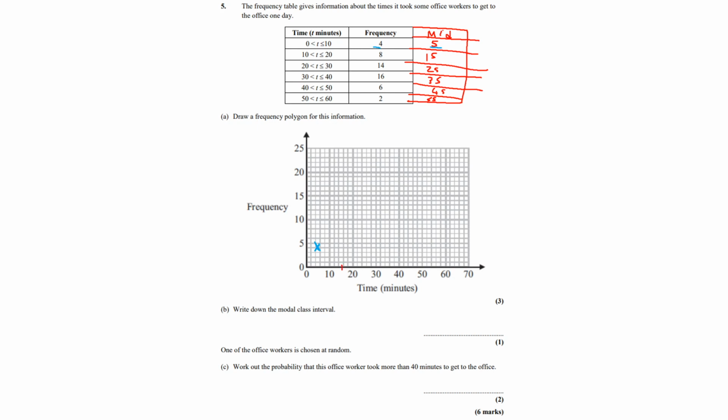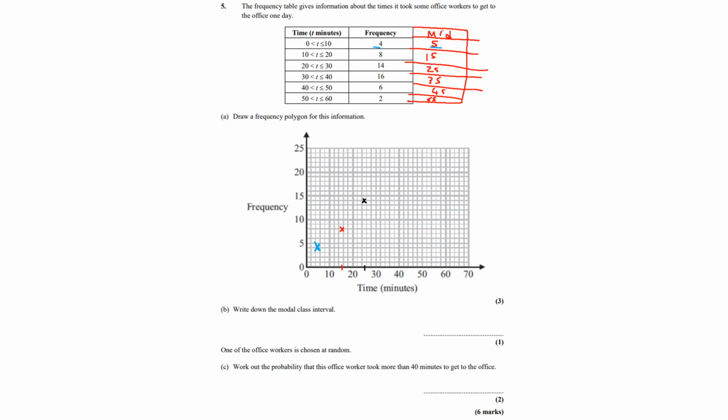So let's plot 15 here. And 8 is around here. So there. The next point is 25, 14. So 25 is here. 14 is here. Yeah, here.